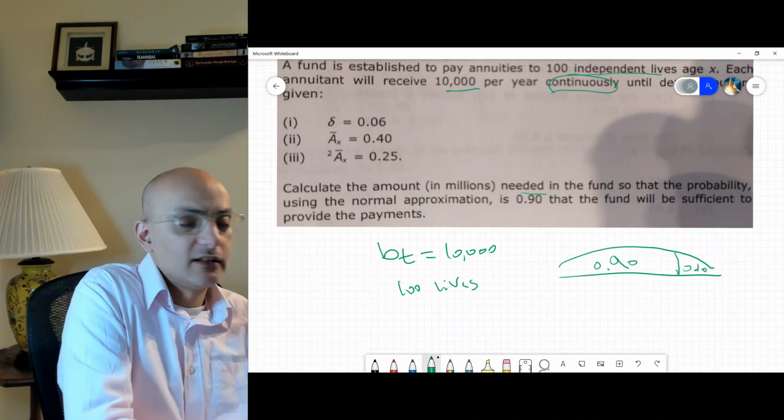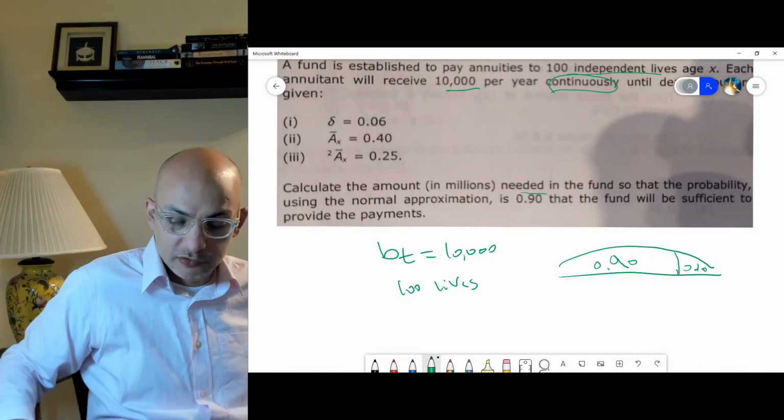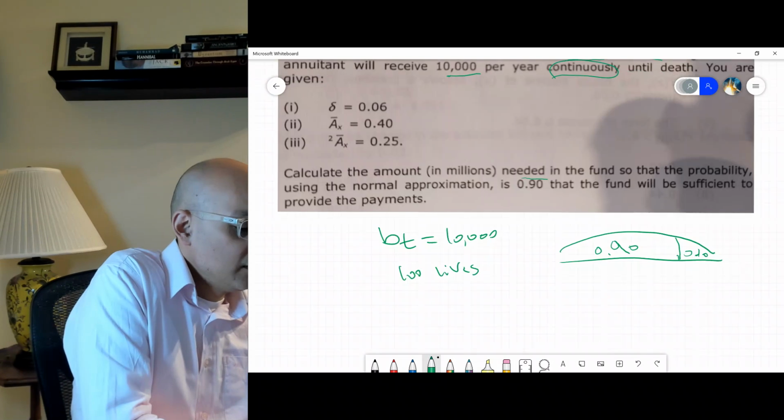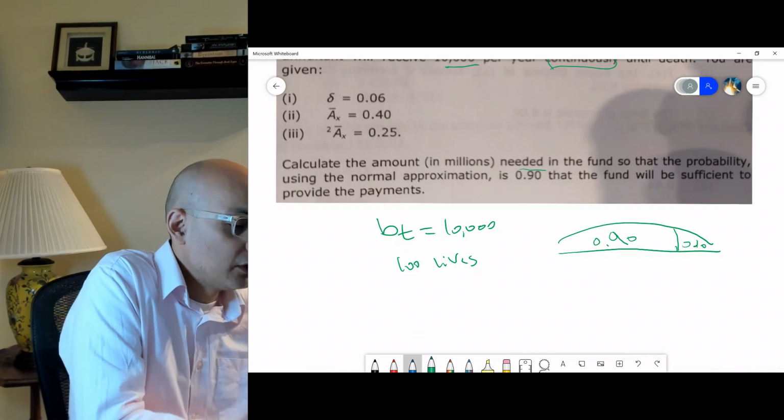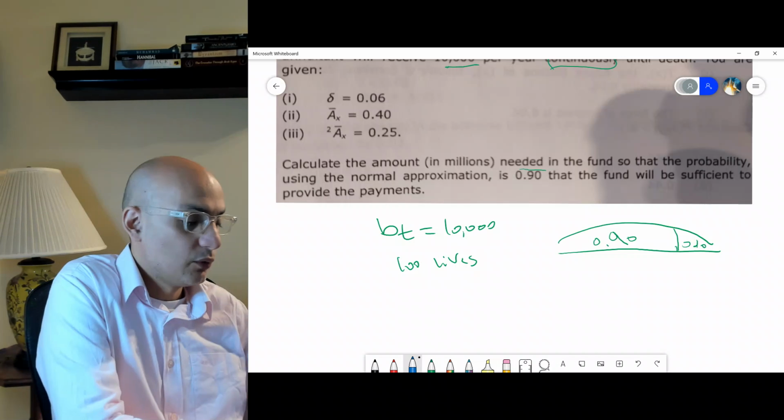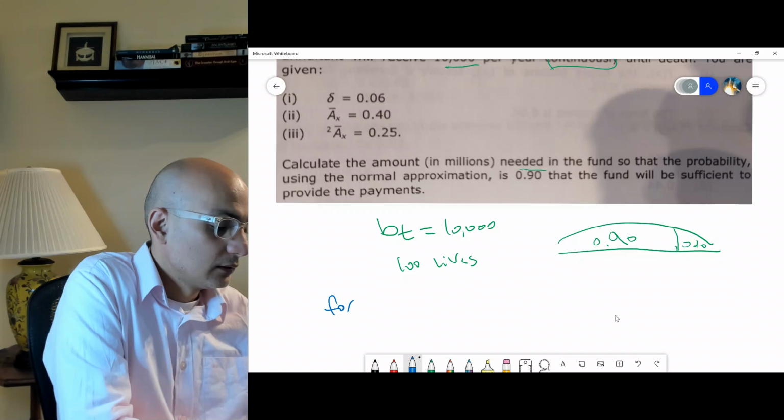Let's take this question step by step. Now let's define what Y is. Let's start with one life, for an individual.